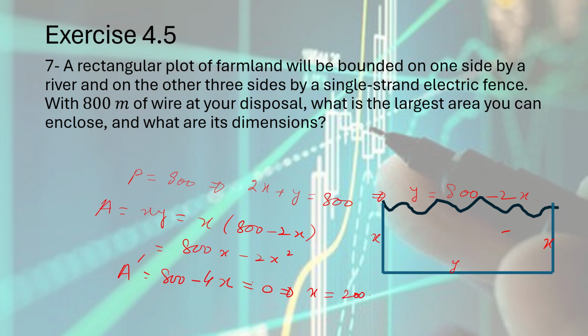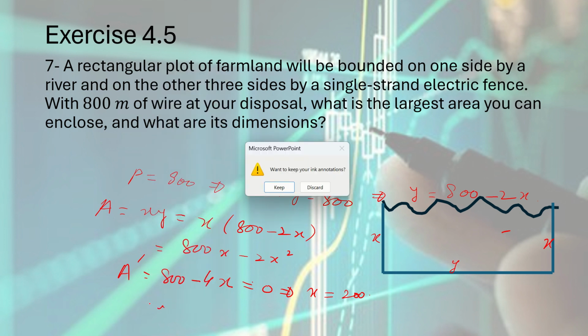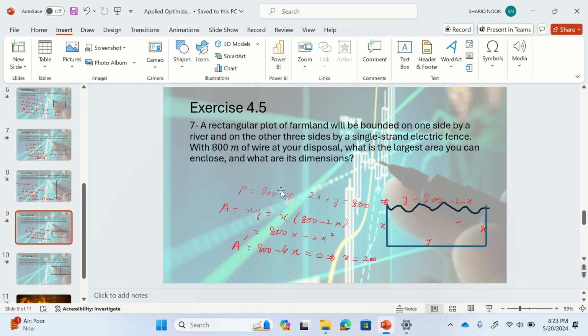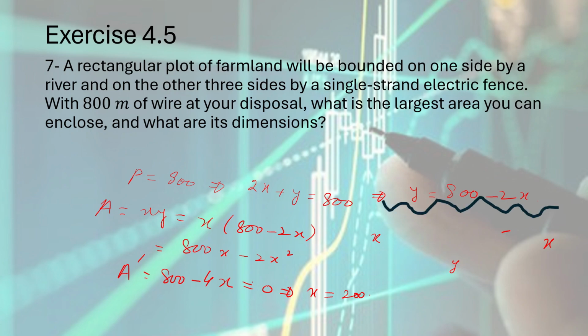Okay, so if x is 200, what about y? y is 800 minus 2x.